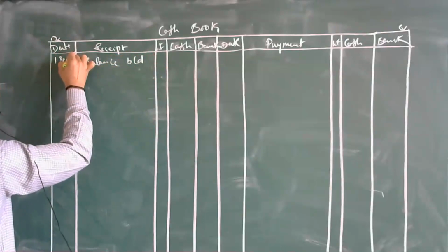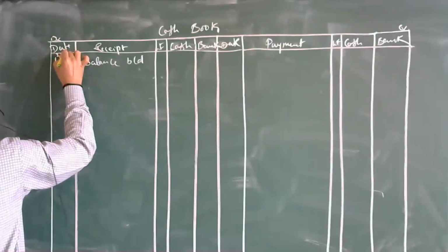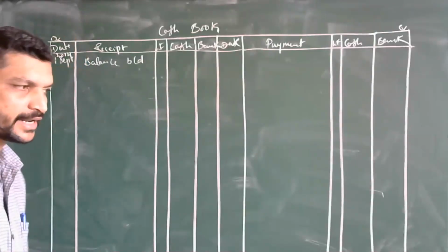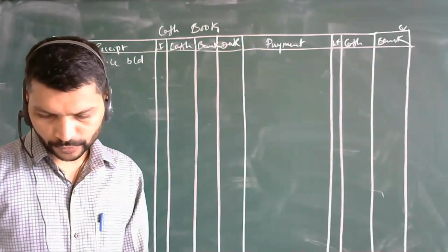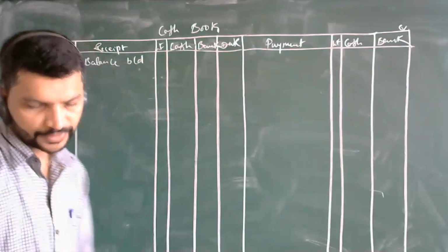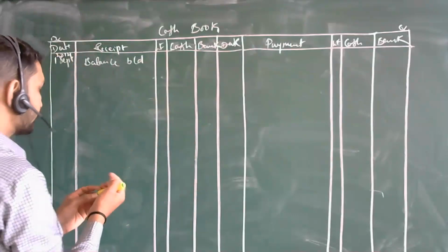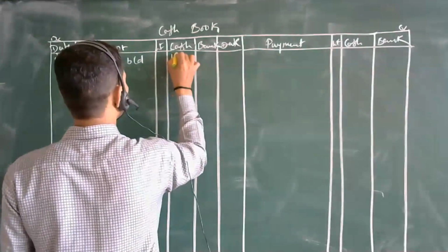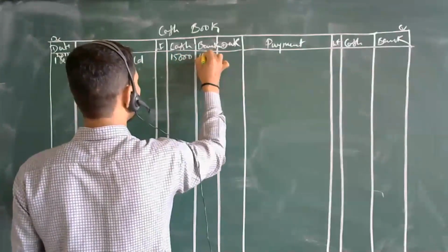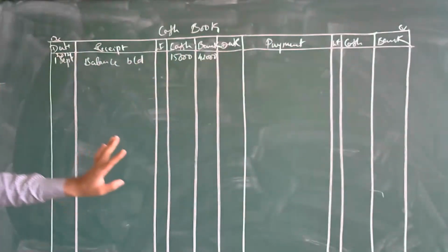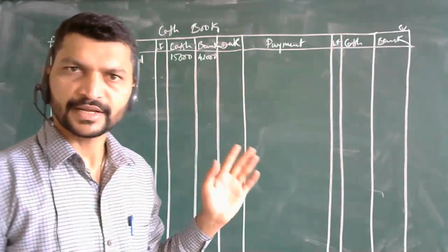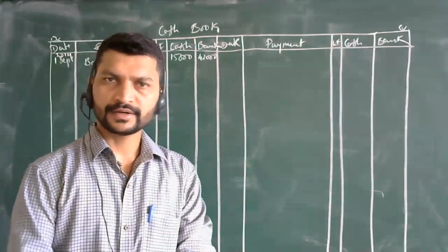You should mention it only once on the top, then below only the dates. Bank balance is 42,000 and cash balance is 15,000. So the first two entries got over.